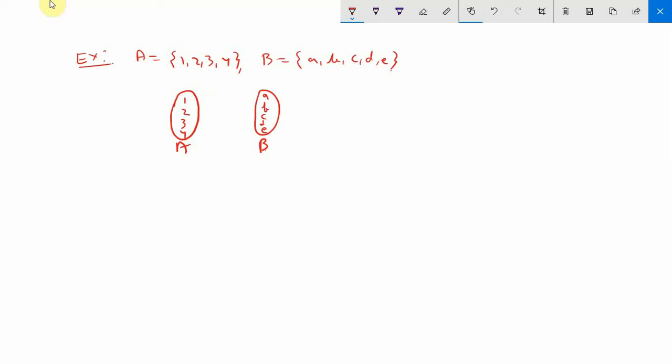So for rule f1, arrows are connected from 1 to d, 2 to b, and 4 to c.